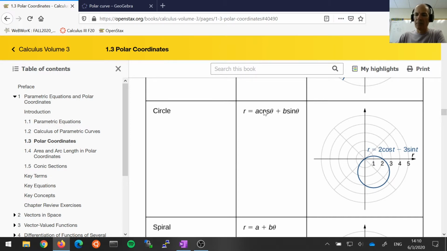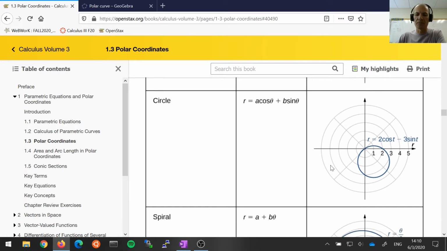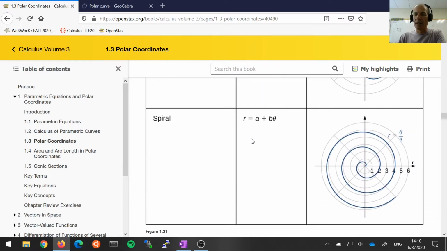It's really important that it be cosine theta, not cosine 2 theta or cosine theta over 2. It has to be cosine theta, has to be sine theta. In that case, you get some kind of circle. Here's a spiral, r equals a plus b theta. As theta grows, r grows, and so as theta grows, you get farther and farther from the origin, and that's how a spiral behaves.